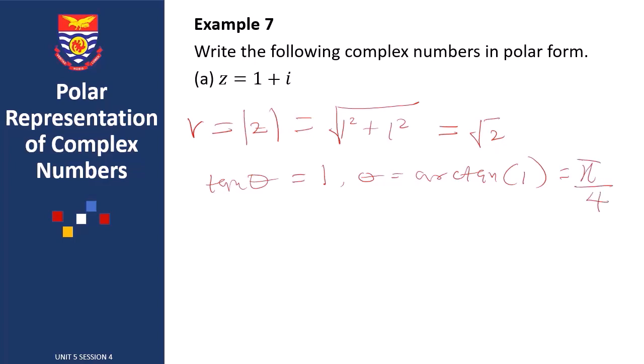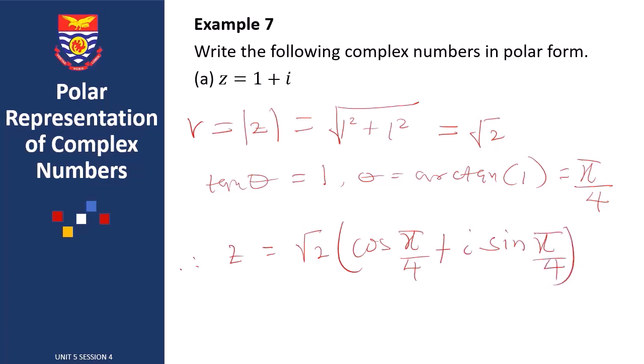Therefore we can now write the polar form: Z equals square root of 2, that's R, bracket open, cos theta, so cos pi on 4, plus I sine pi on 4. That's the polar form for Z equals 1 plus I.